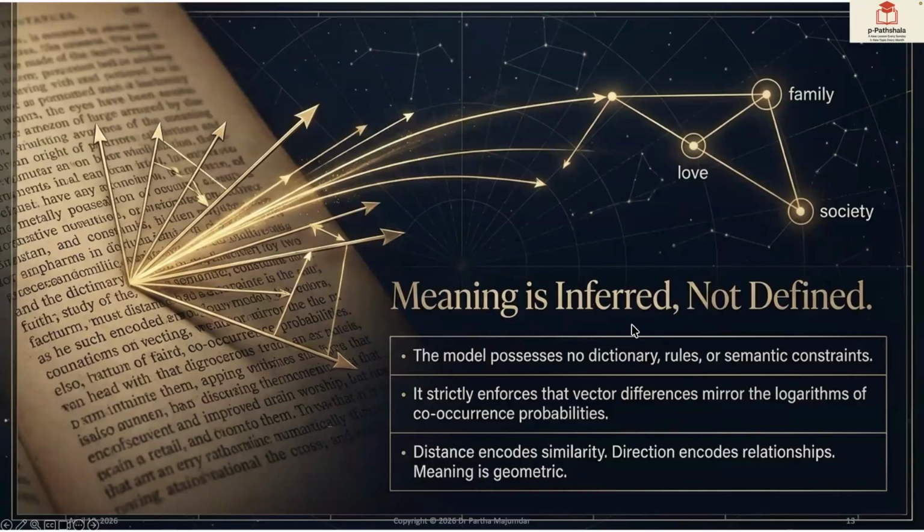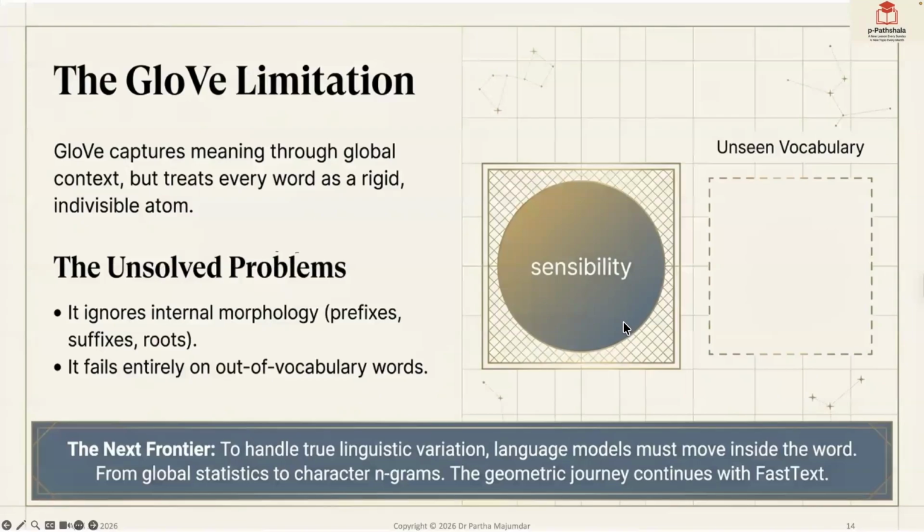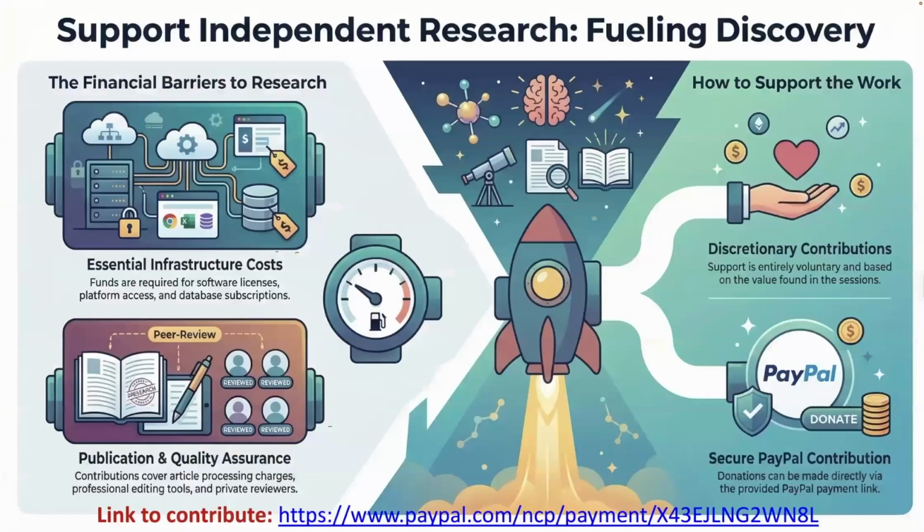It inferred the meaning by itself. That is the most important thing. And like I told you, if it finds a word which is not seen at all, then it has got a major problem, which we will try to solve in the next class. This problem was solved by Facebook, and we will discuss the Facebook way of making embeddings in the next class.